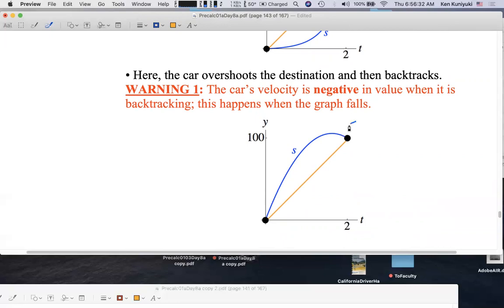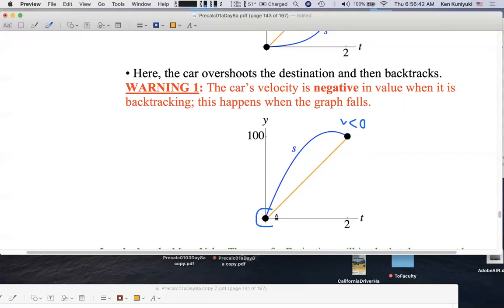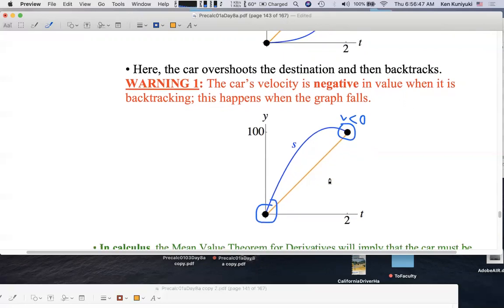Over here, the velocity would be negative, by the way. Still, the average velocity would be 50 miles per hour. It's the slope of the secant line between the point 0, 0 and the point 2, 100. Remember, at time 2 p.m., you better be 100 miles due north of the starting point.